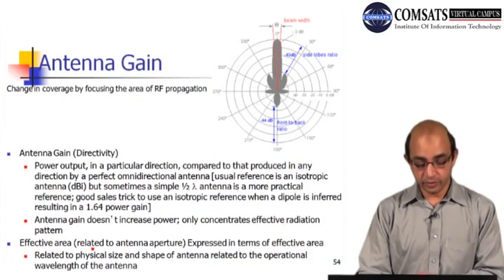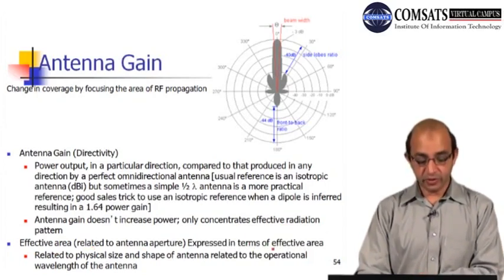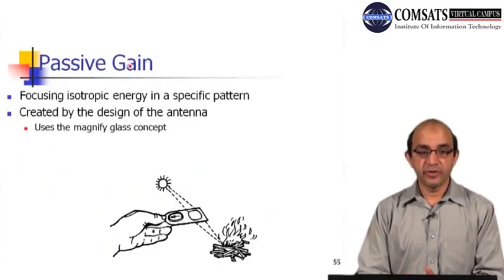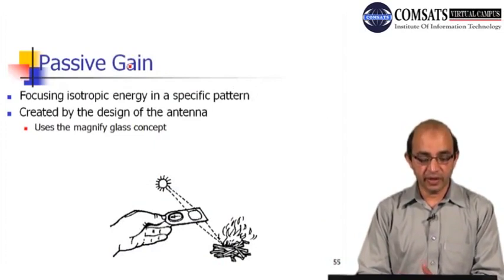So effective area is also important when we talk about the antenna gain, related to the physical size and shape of the antenna and to the operational wavelength of the antenna. We have two different types of gain, passive gain and active gain. So focusing isotropic energy in a specific pattern.